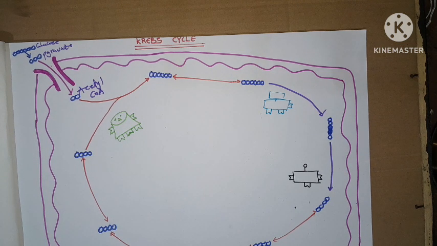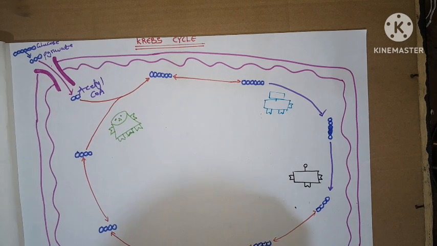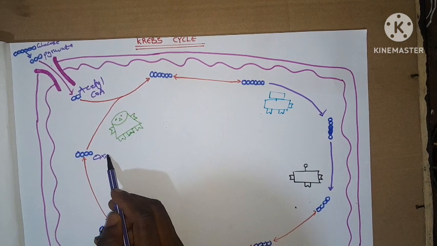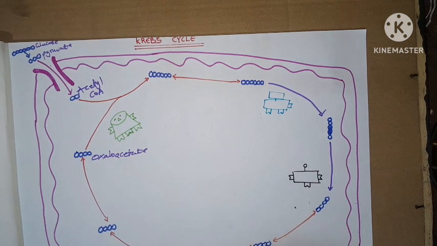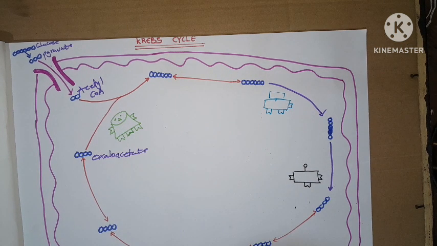So this acetyl-CoA that was made through the transition step will then fuse with a 4 carbon molecule known as oxaloacetate, to form a new molecule known as citrate. So this is acetyl-CoA. It will fuse with this molecule known as oxaloacetate, and then it will form a new molecule known as citrate.